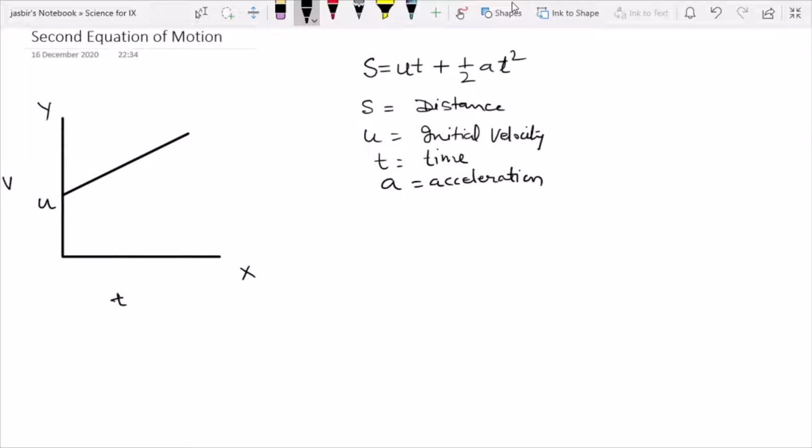The initial velocity of the object was u, and when an acceleration a is applied on the object for time t, the final velocity of the object becomes v.